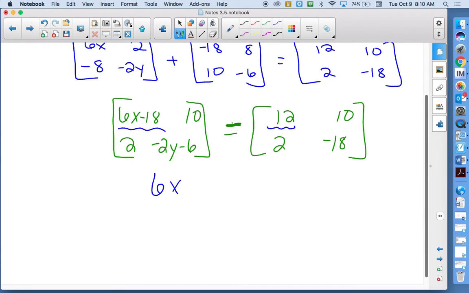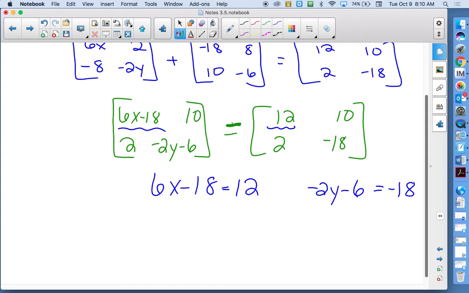We have 6x minus 18, which is equal to 12. And then the bottom right here, negative 2y minus 6 is equal to negative 18. So matching the element of the first one with the element of the second one, making sure you're matching those corresponding elements.